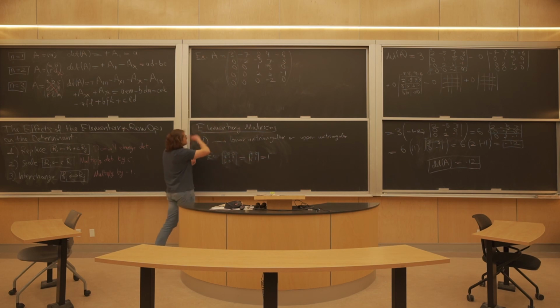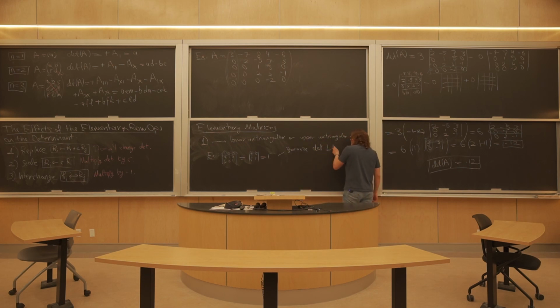Because of that, and because of the first property, determinant of LA equals determinant of L times determinant of A. So let's say that A is the matrix that you started with, and L is something like this.